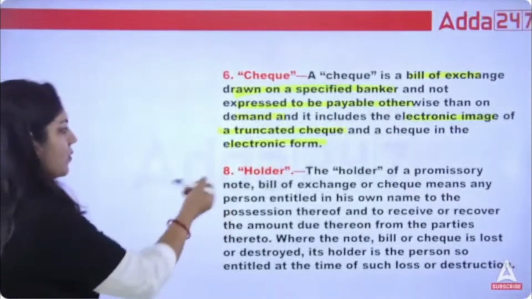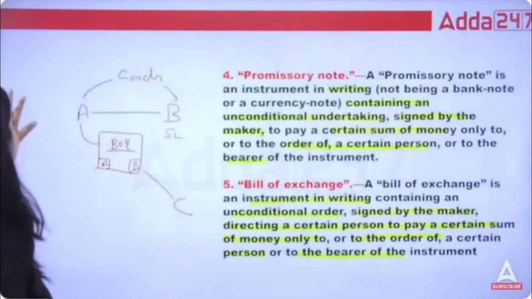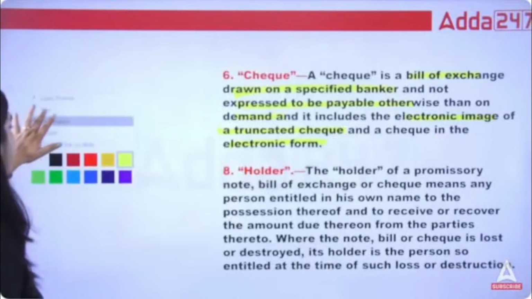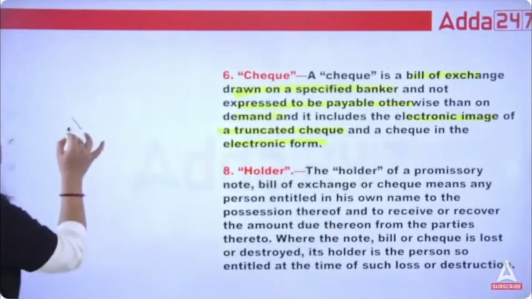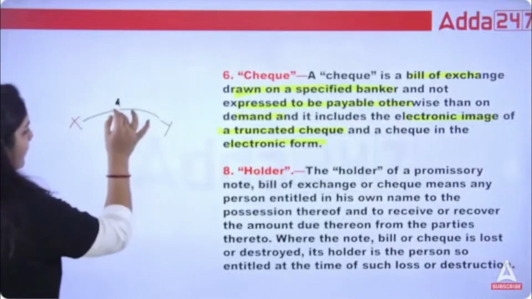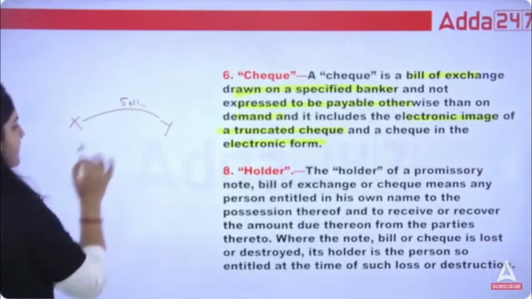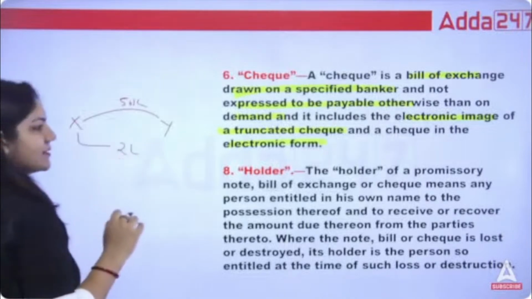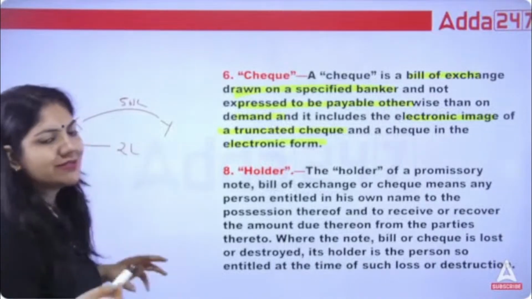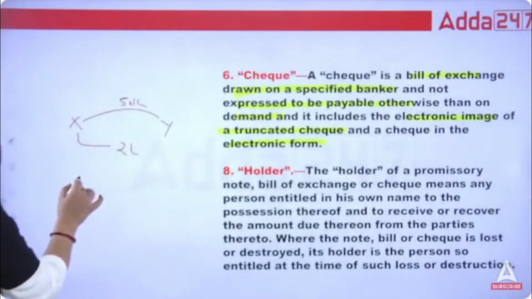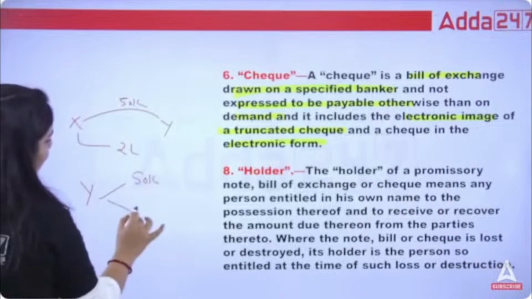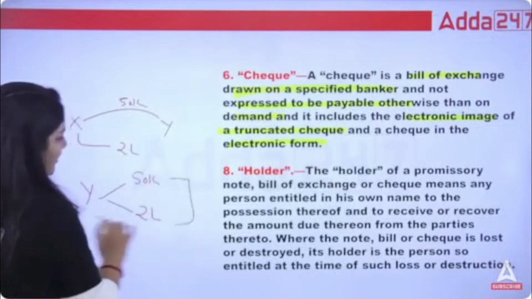What is holder and what is holder in due course? That is so simple. I will give you one example. X is working in a company, salary is 50,000 rupees. Y demands 2 lakh rupees one day because he just wants to deposit that 2 lakh rupees in the college. Now, Y has given X a 50,000 rupees check and a 2 lakh rupees check. Both checks bounce.